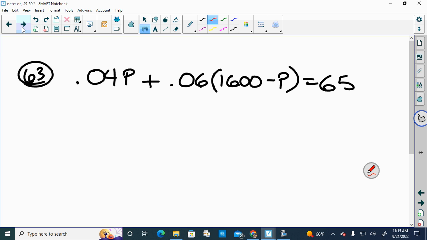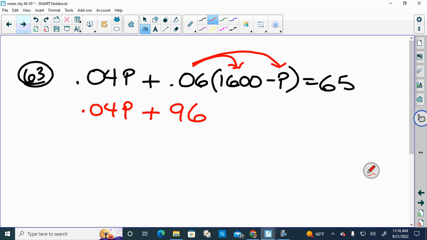Okay, so just like the last one, I've got to do what first? Right, distribute. So I'm distributing this 0.06 to this first. I'm not touching the 0.04, keeping that alone. So 0.06 times 1,600 winds up being 96.